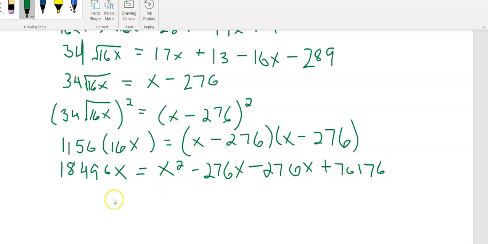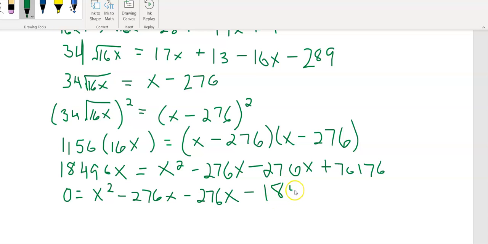All right, so now let's notice it's quadratic because we have an x squared. So let's get everything on one side and see if we can't factor it. And I'm going to move the 18,496 over since everything else is on the side. And I can add like terms too. I'll do that when I've got them all together. So we'll leave these alone right here for the moment. And I'll go ahead and write that negative 18,496x.